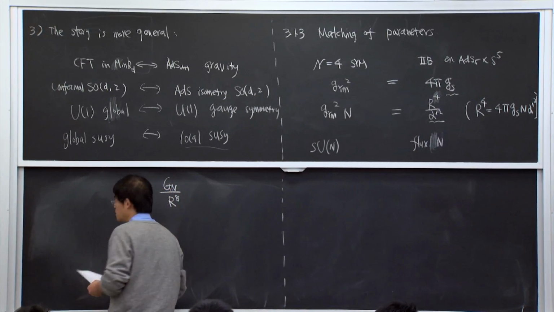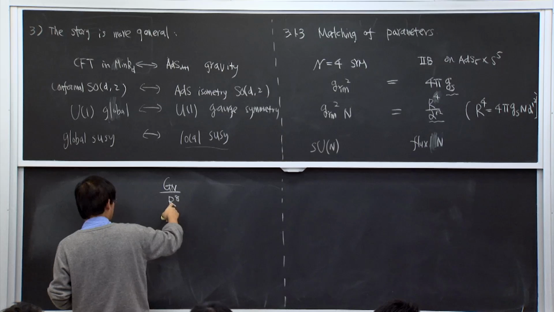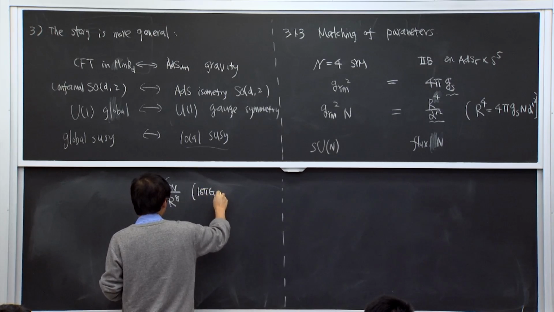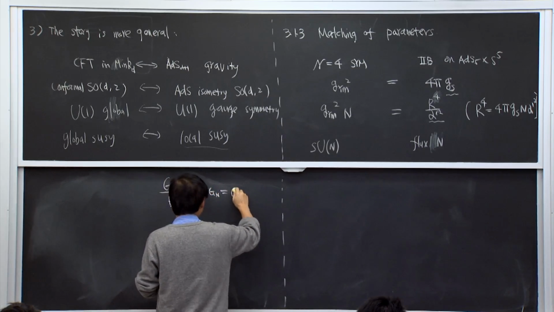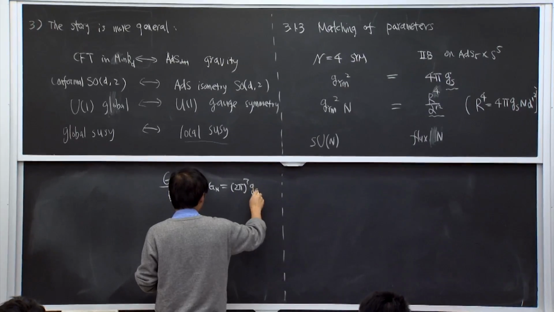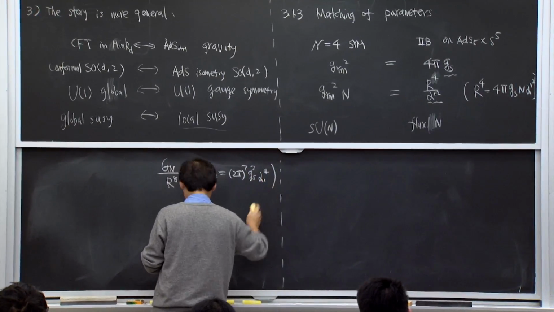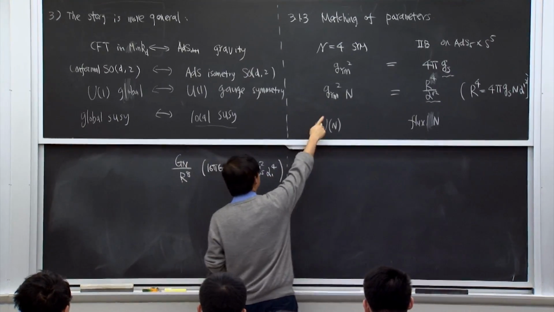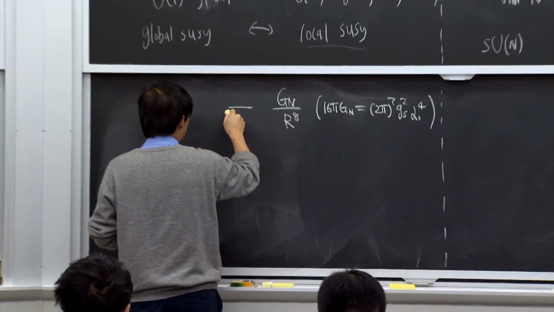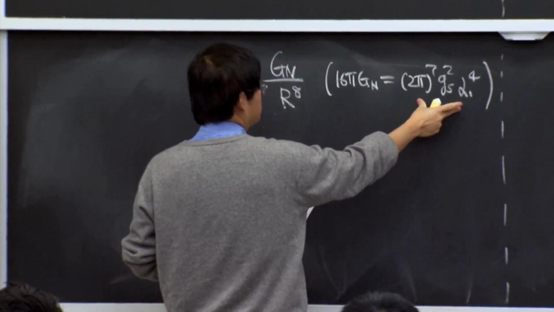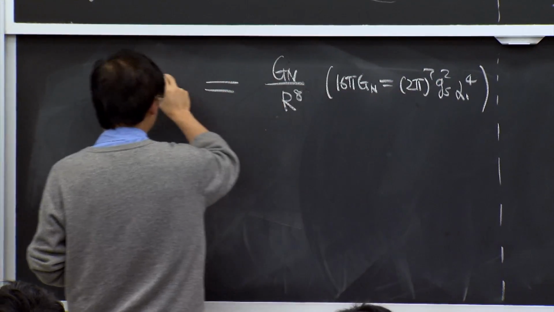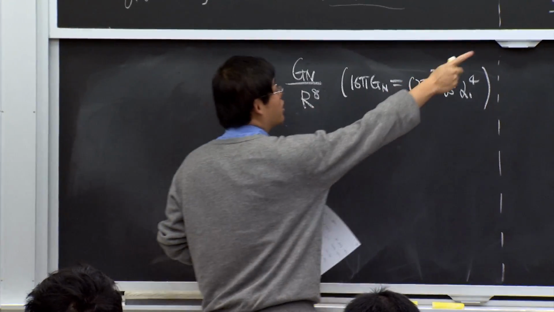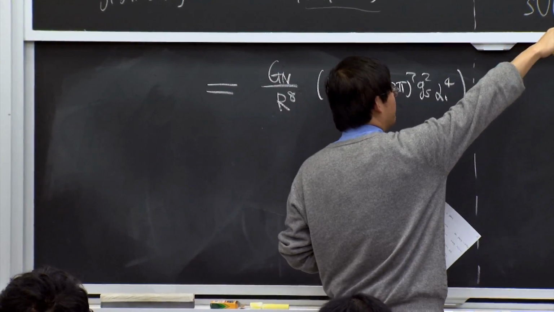Then the dimensionless parameter will be G_N divided by R to the power 8. And G_N is related to g_s and alpha prime by this formula. Now you can just use the relation for g_s and translate this into the parameters on the Yang-Mills theory side.